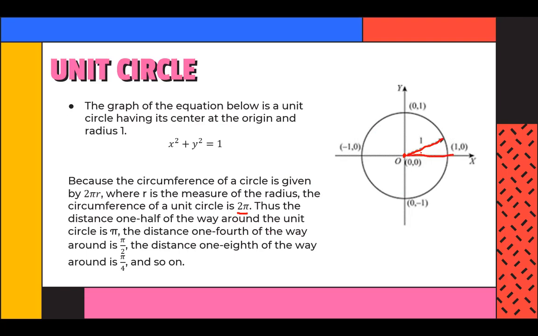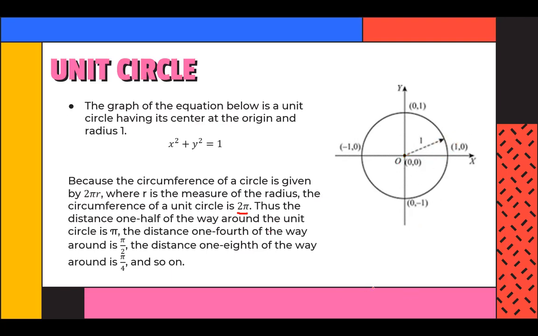This is considered a central angle because its vertex is at the origin. And whatever the measure of the angle is, that is also the measure of its arc. Like for example, let's say this is 10 degrees. Then the measure of this arc is also 10 degrees.